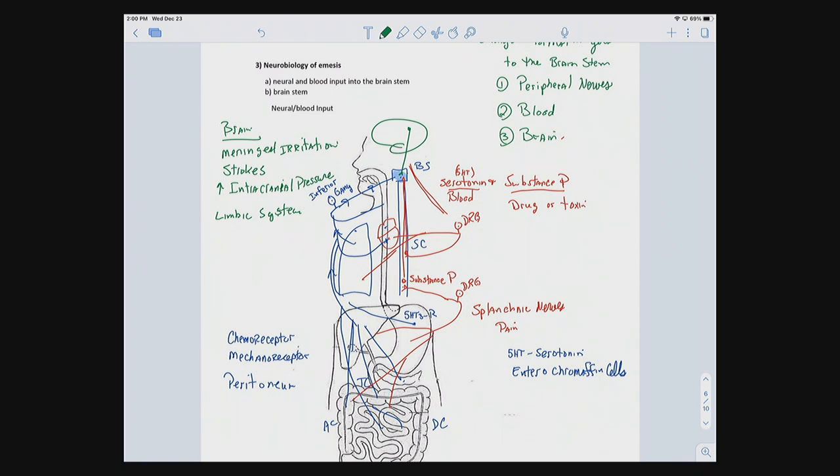Again, it's picking up some type of molecule in the body it doesn't like, talks to the brainstem, and then you have a vomit reflex. And then lastly, you can have higher centers of your brain as well, processing information in the environment, and maybe it's something upsetting, maybe it's something you don't like, and you end up getting nauseated and you vomit in response to that. So that's my first part of dealing with the neurobiology of emesis and nausea.